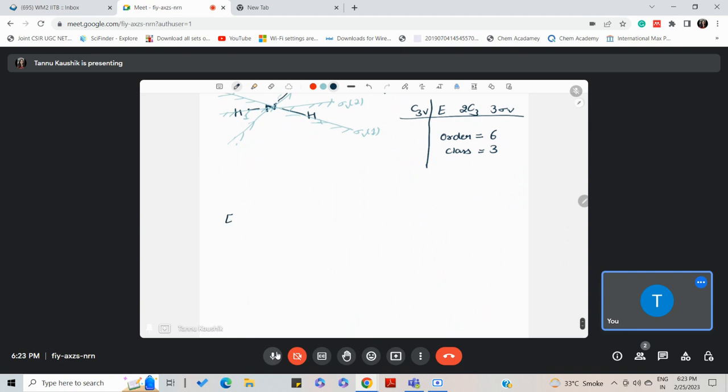So let us take the next example, the C4V point group. We can take an example of XeOF4, which is represented like this.